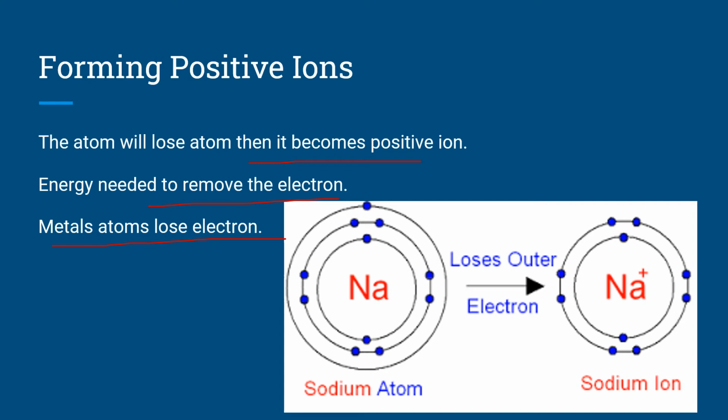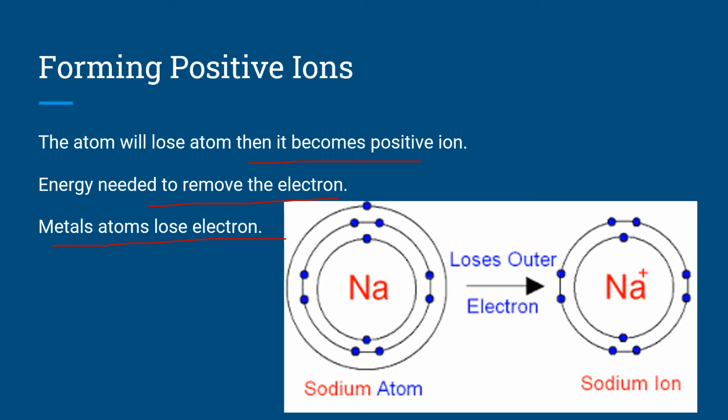To remove one electron from an element, we have to add energy to remove that electron. Then the atom becomes a positive ion.